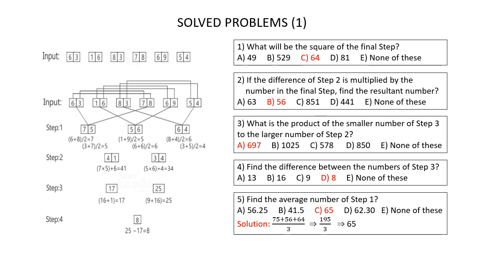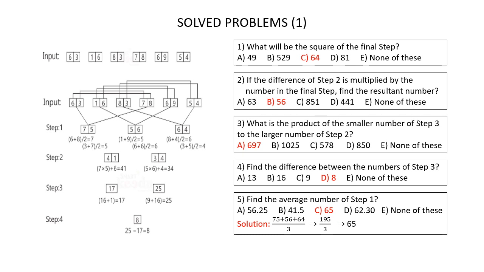Now we have to use the same pattern followed for the input given in the question to find the output on this particular input of numbers, and find out the appropriate steps from step 1 to step 4, and also find out the final output for this given input. So this is the given input of numbers.